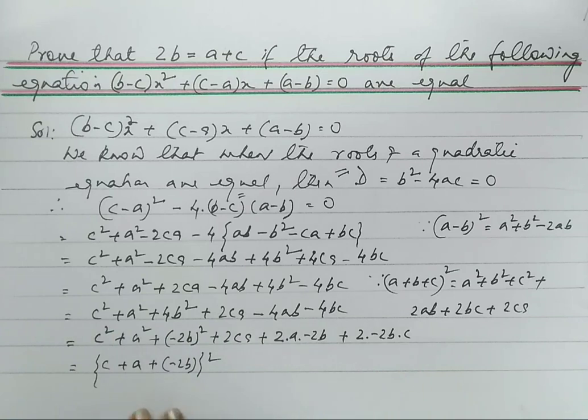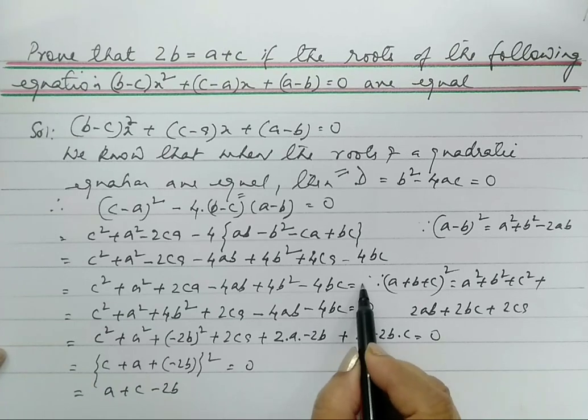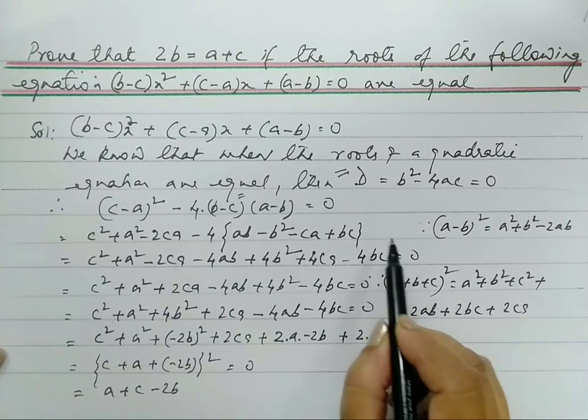This entire thing is equal to this. So when we solve this further, we can easily write a plus c plus minus 2b equals to 0, as we had to maintain that.